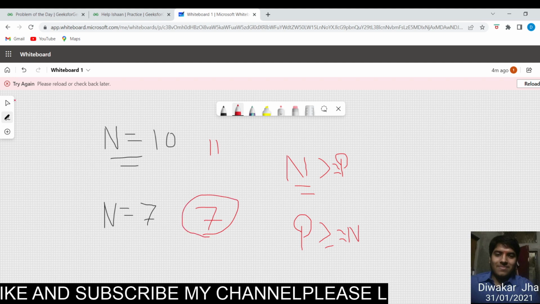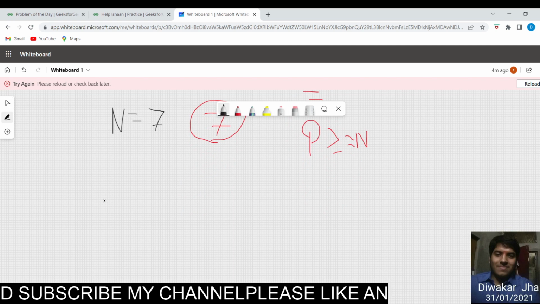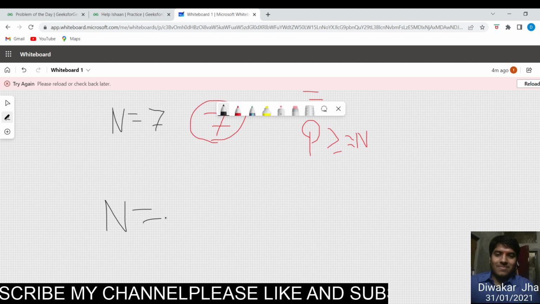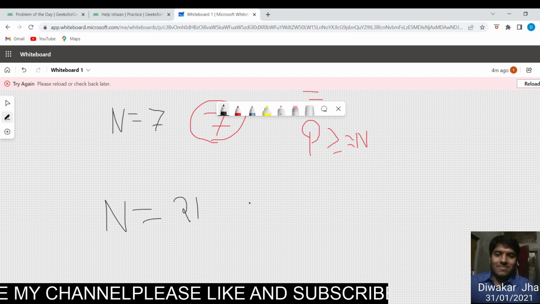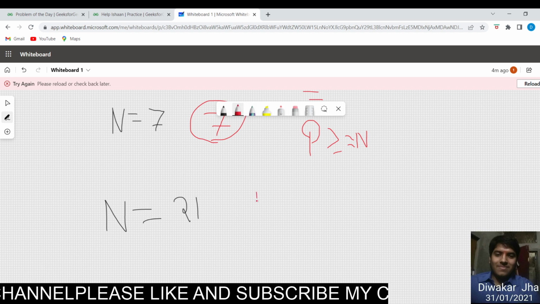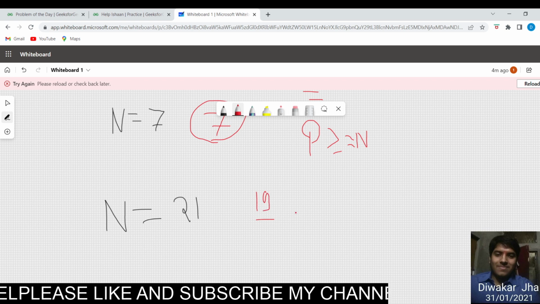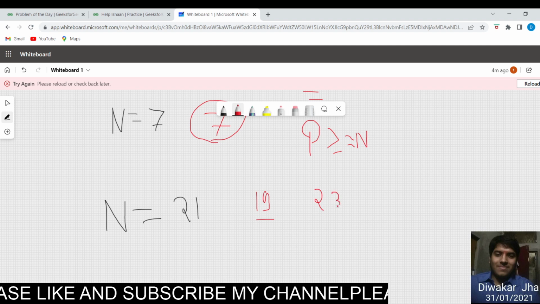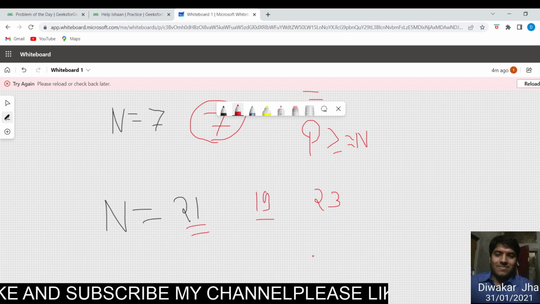Our third and last example is that n is equal to 21. In this example there are two prime numbers, the first one is 19 and the second one is 23, which are closest to 21.